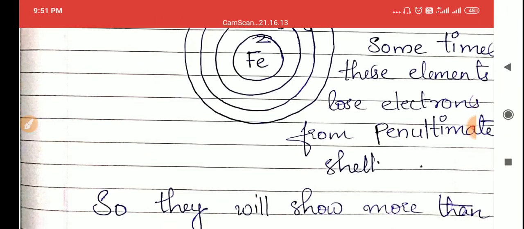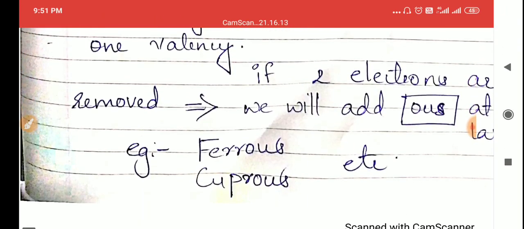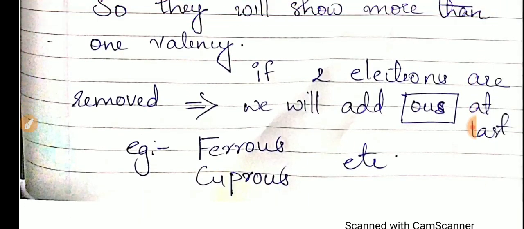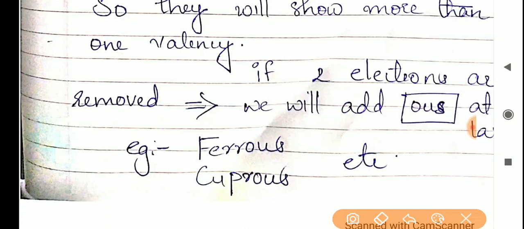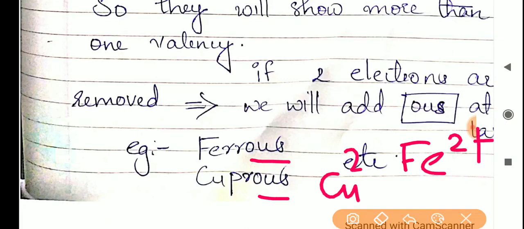And see here, if only 2 electrons are removed, like Fe2+, Cu2+, etc., we will add OUS at the last, like ferrous, cuprous, etc. When we are naming, Fe2+ is ferrous and Cu2+ is cuprous.